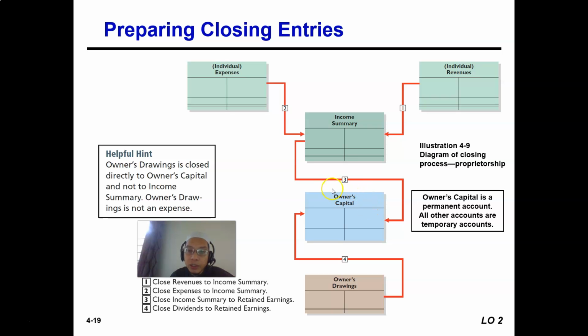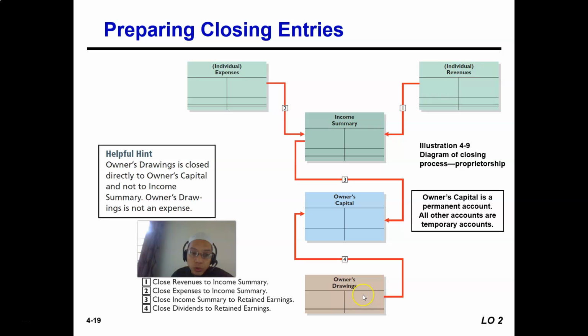Owner's capital is a credit balance account, so if we credit it again, it increases the owner's capital, due to the net income. If the company is making a loss, then to close the income summary we credit the income summary and debit the owner's capital. It is the opposite if it's a loss. But if it's a net income, then this is the way. So the owner's capital account will be increased while the income summary account will be closed.